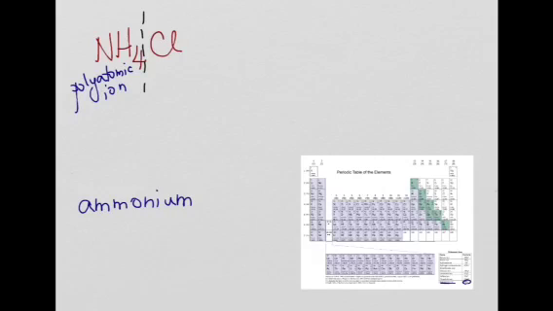The reason it's written first in the name is because ammonium has a positive charge. On the table you can see that NH4 has a positive charge, so it does behave like a metal, because all metals have positive charges, and it will be written first. So it's not a metal, but it behaves like a metal because of the positive charge. Then we look at our chlorine.